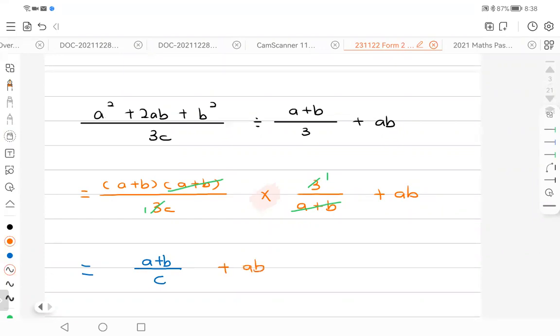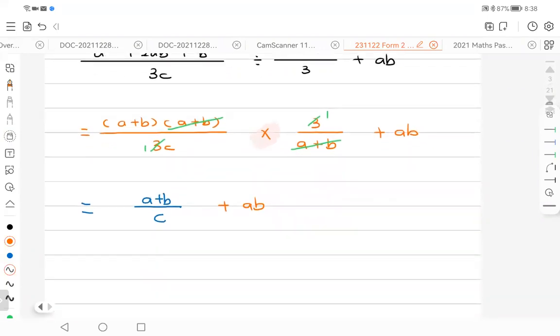Plus ab. Okay, so if you want to have algebraic fraction, a single fraction, like this, then you have two fractions. Got it? You have two fractions because you have addition in the middle. So you have to equalize the denominator. Make the denominator same. How? You let ab over 1. ab, you just write over 1.